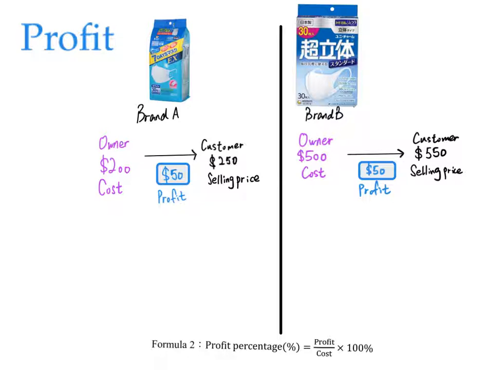For brand A, the profit percentage is the profit over the cost times 100%. The profit is $50, and the denominator is the cost, $200, times 100%.